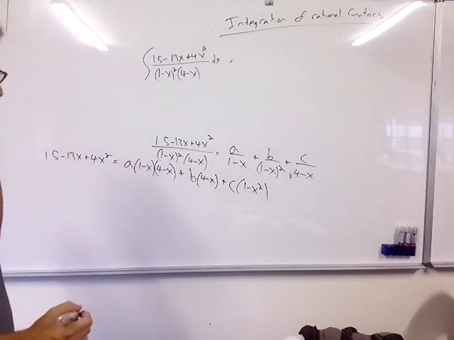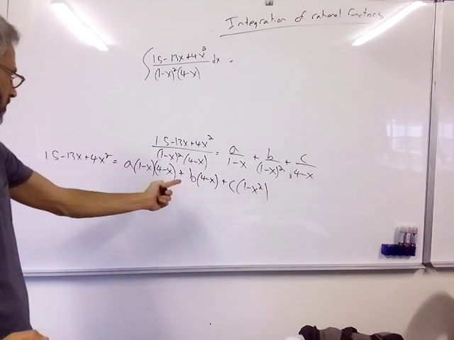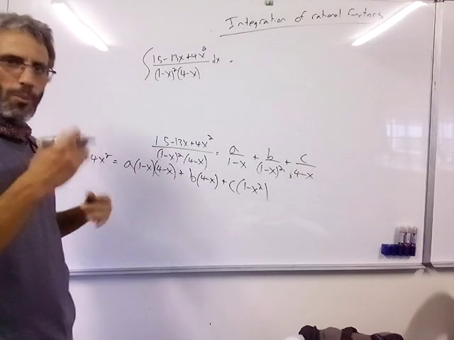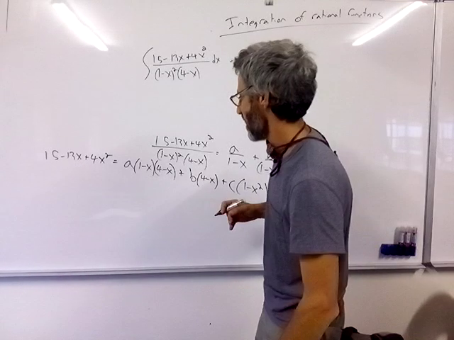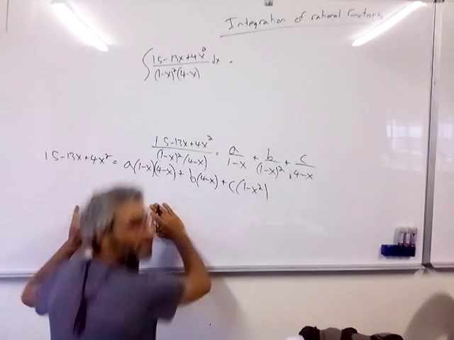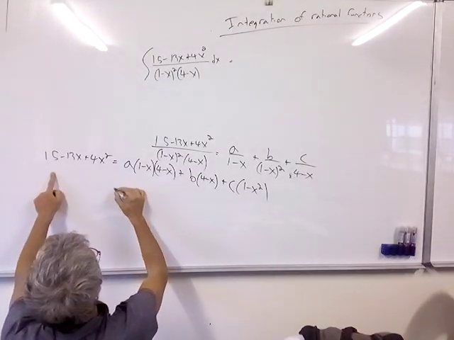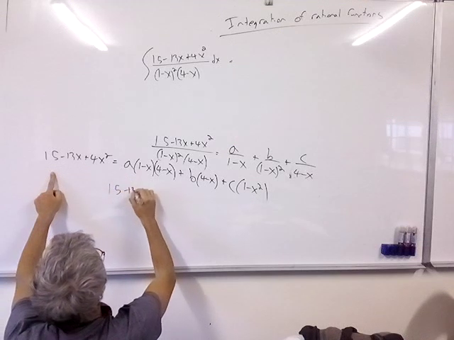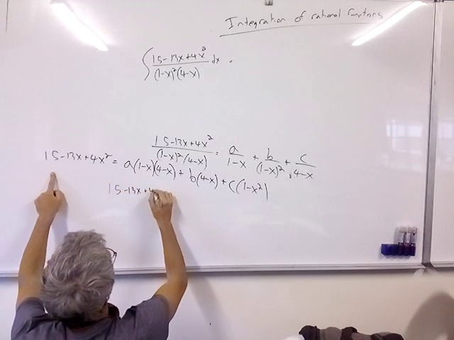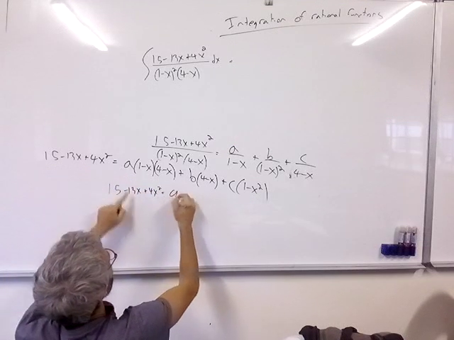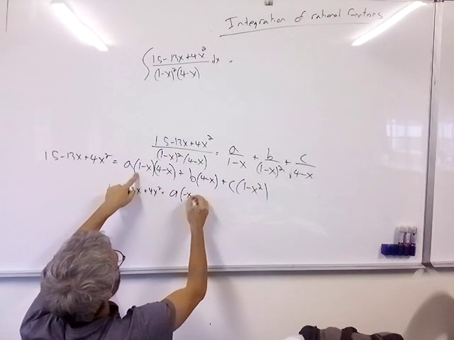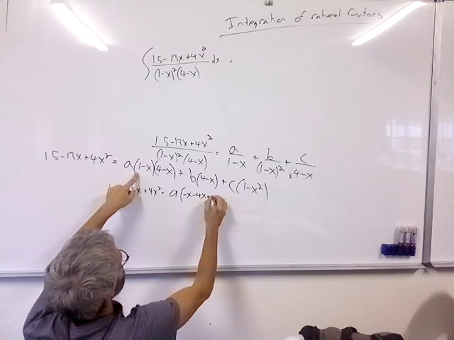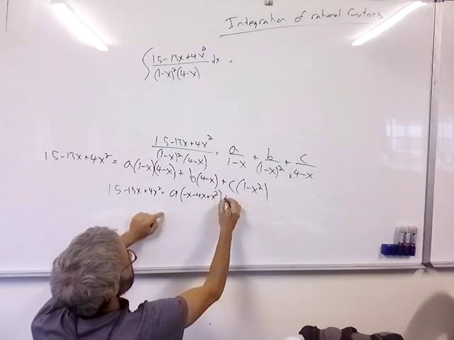So we've got one equation here, but by comparing term by term, we'll be able to find, hopefully, a, b, and c. Let's write it down. Hopefully you guys can see it. Right, so rewrite 15 minus 13x plus 4x squared equal a times, let's do that first, minus x minus 4x plus x squared, plus b.